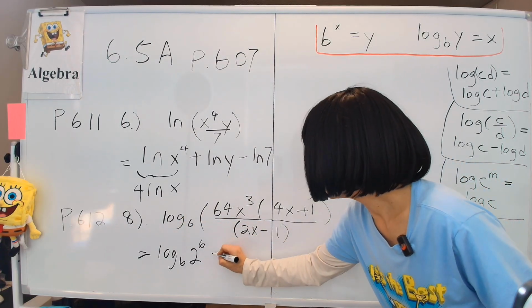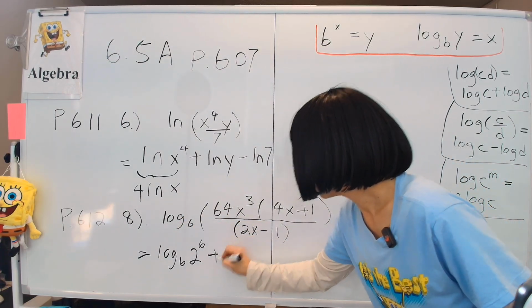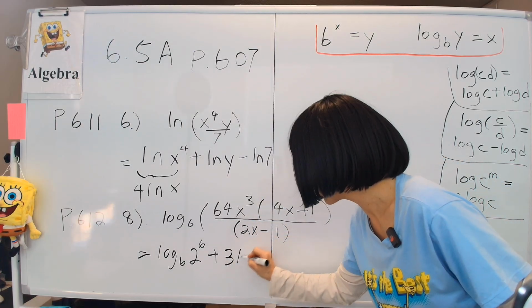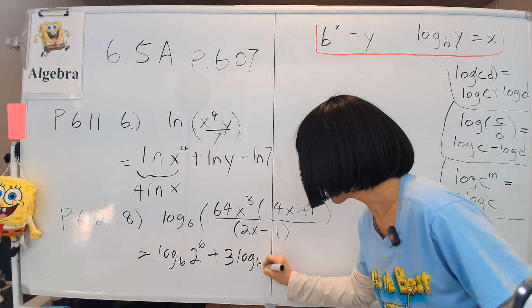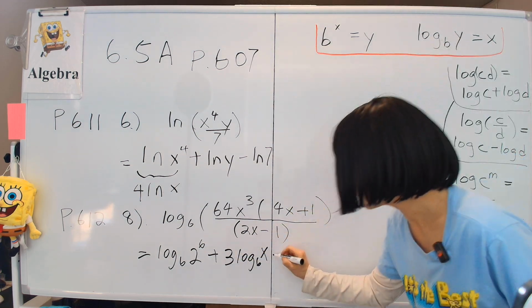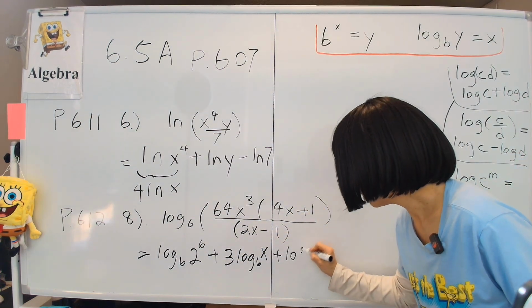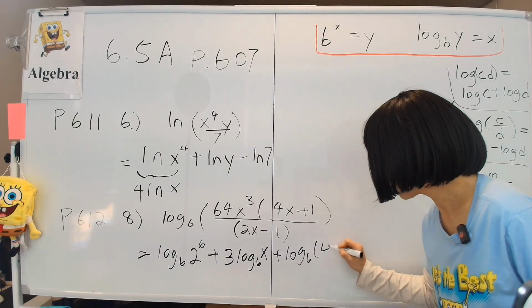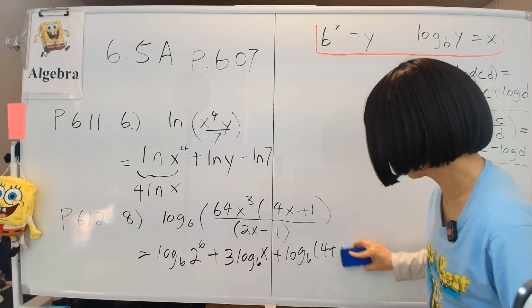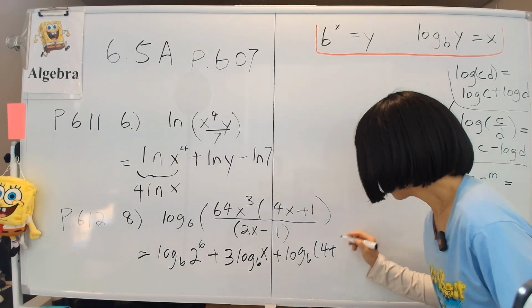Then plus log of x cubed, we'll just kick the 3 over now. This is log base 6 of x, because all powers get kicked over. And then plus log base 6 of 4x plus 1. Where's my x?